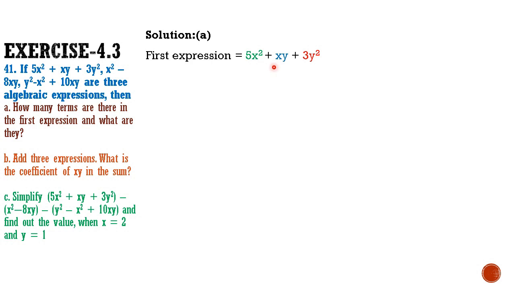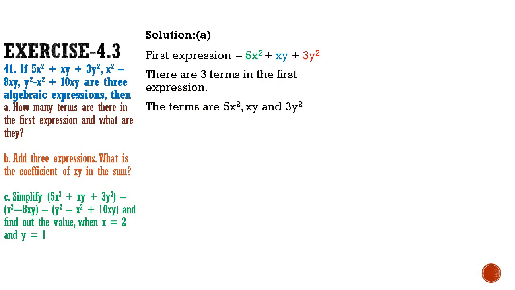In here there are two addition signs and terms should be 3 because first term plus second term plus third term. That's why there are 3 terms in the first expression. The terms are 5x squared, xy and 3y squared. Again I am saying the terms are added with addition or subtraction sign, no division or multiplication sign.